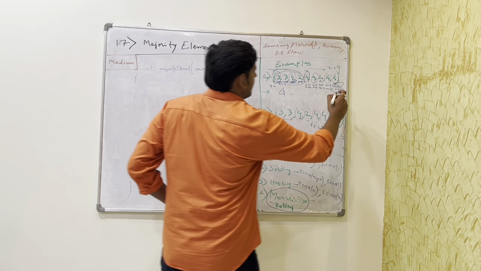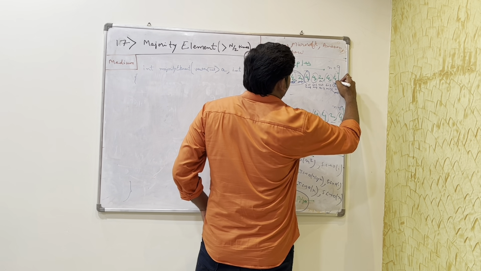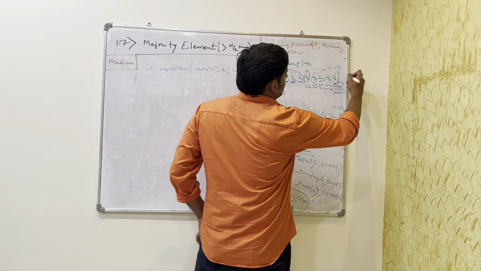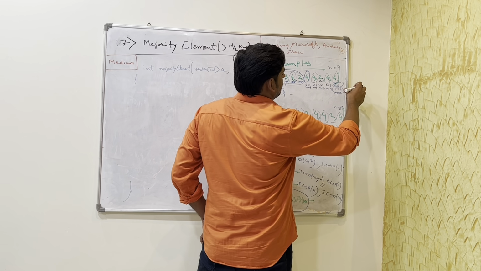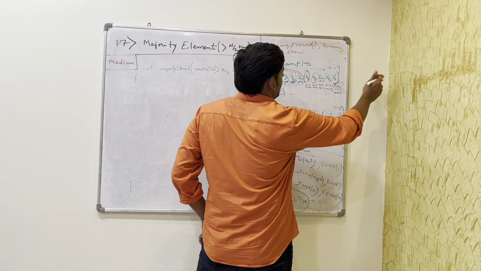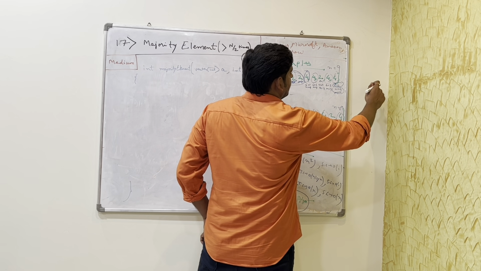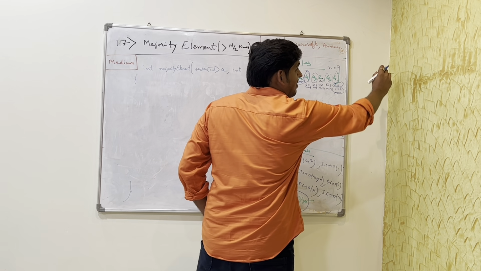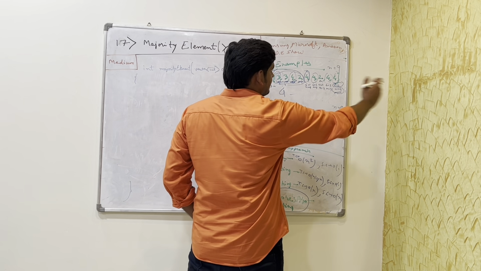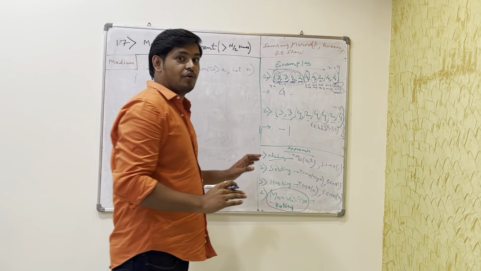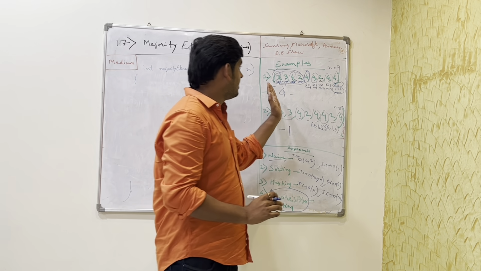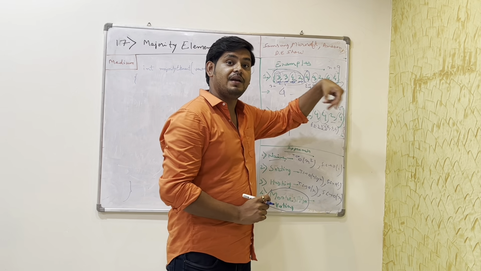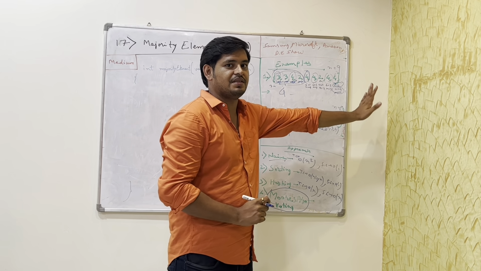For example, here the count is 3. I give 5, 4, 6. The count will be 5, 7, 6. The count will become 0 because 4 is not coming twice. And again I will give 100, and the count becomes 1 and the element is 100. But element 100 has come only once over this traversal, so 100 won't be the majority element.